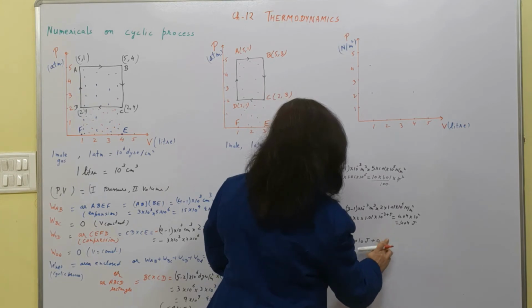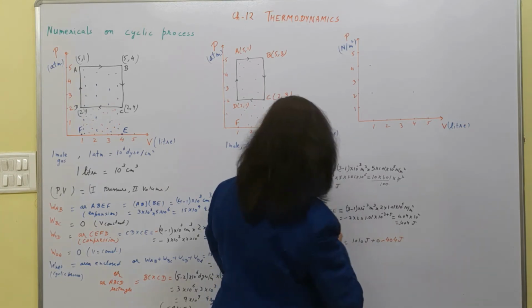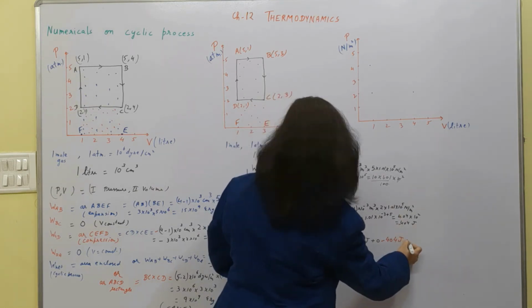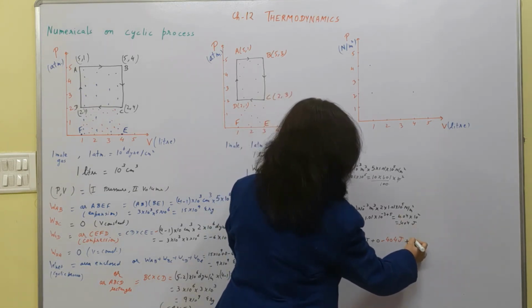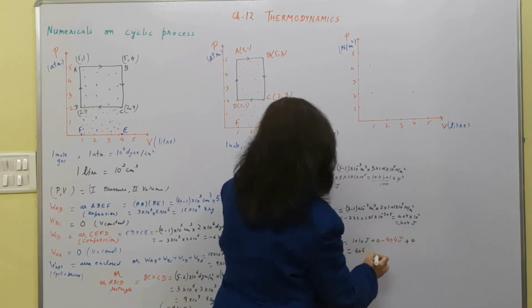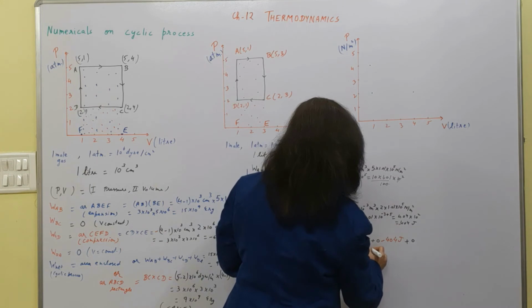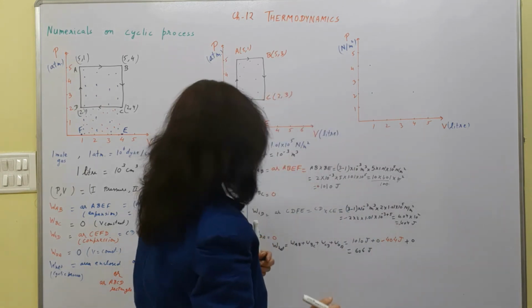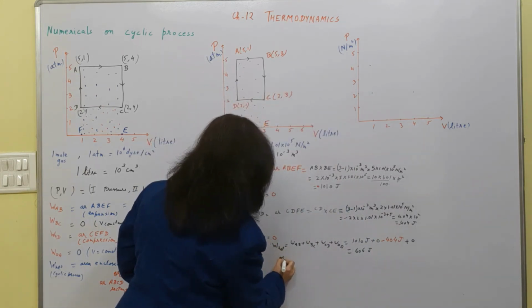So this is minus 404 joules plus DA work is 0. So this is 606 joules, right? Now this can be calculated by other way also.